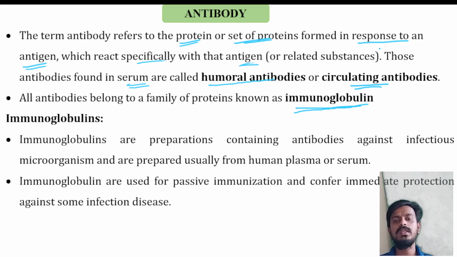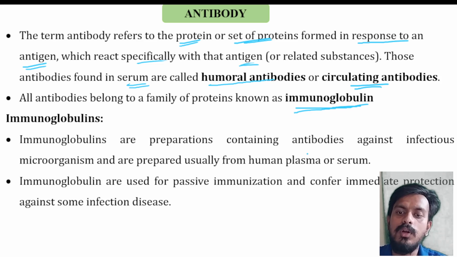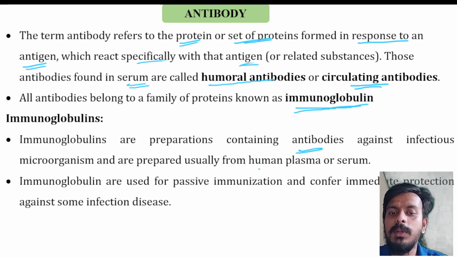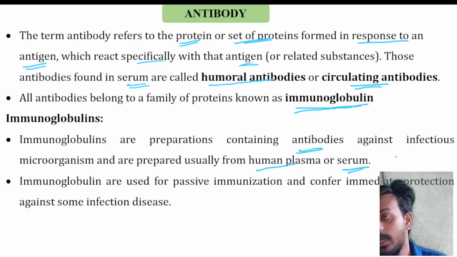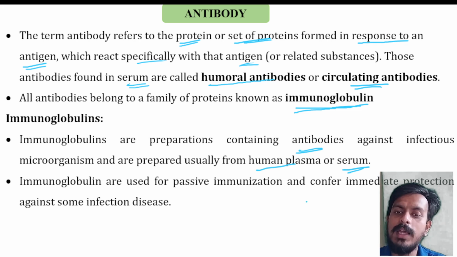Immunoglobulins are preparations containing antibodies against infectious microorganisms, usually prepared from human plasma and serum. So how can you isolate plasma and serum?